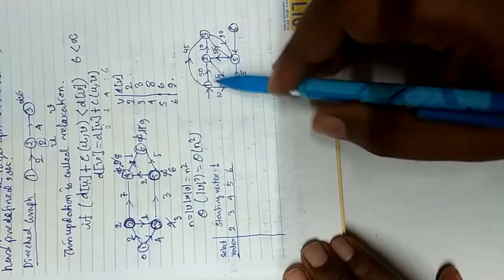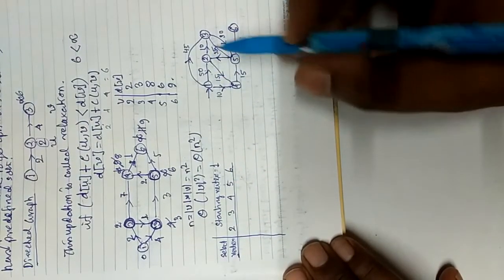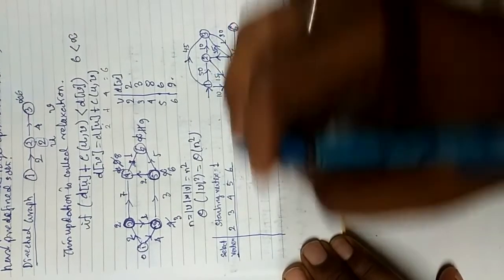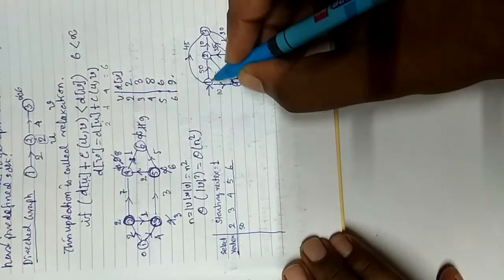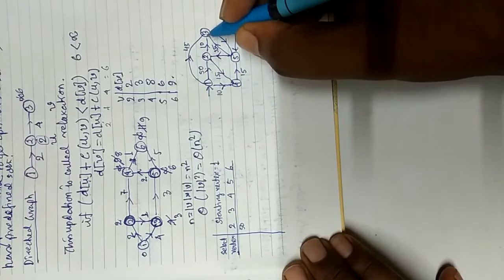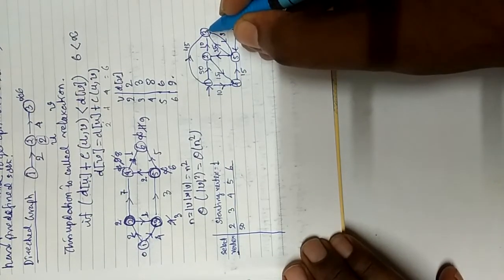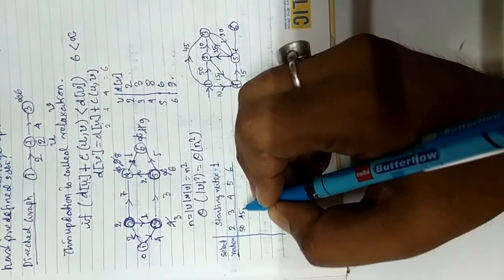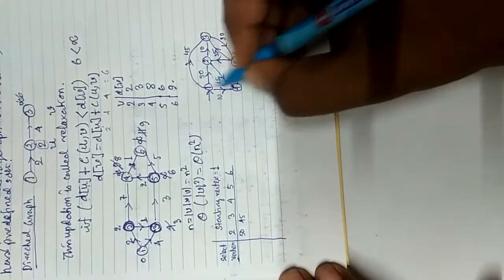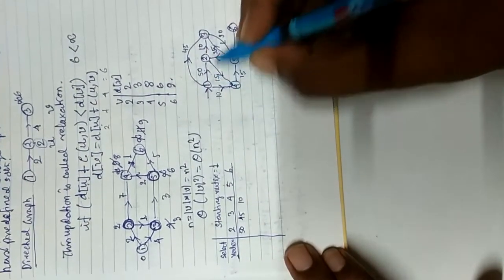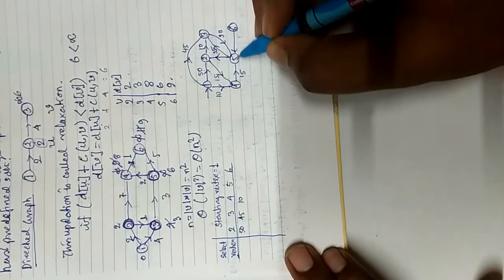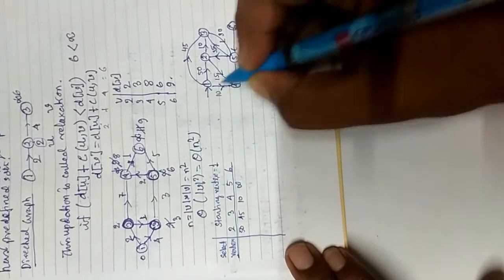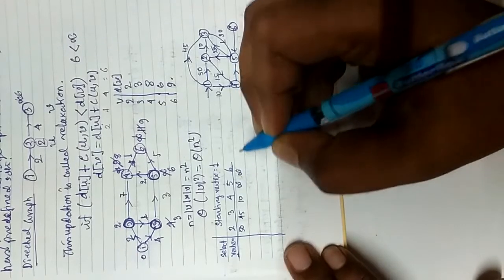From 1 let us find what the costs are. 1 to 2 it is 50, 1 to 3 it is 45, 1 to 4 it is 10, 1 to 5 there is no direct path, so initially it is infinity, and 1 to 6 it is also infinity.